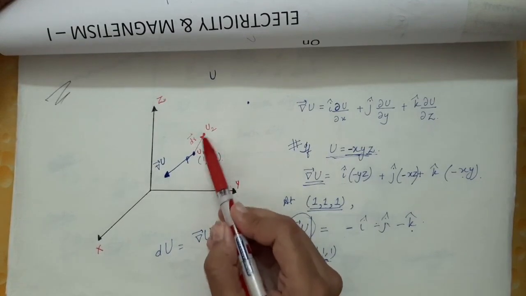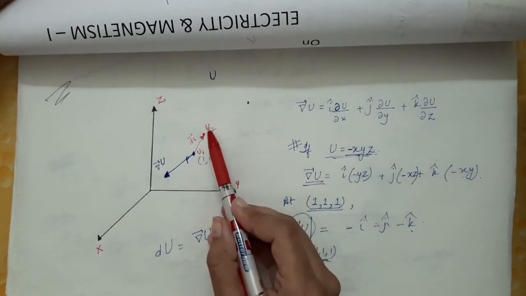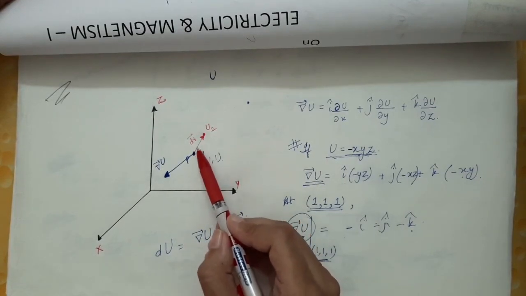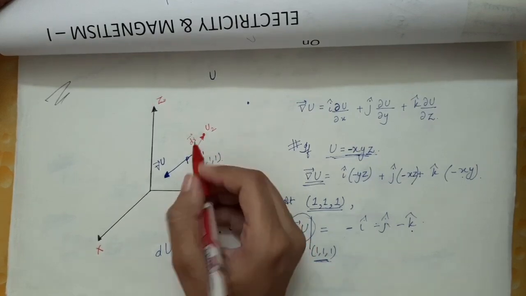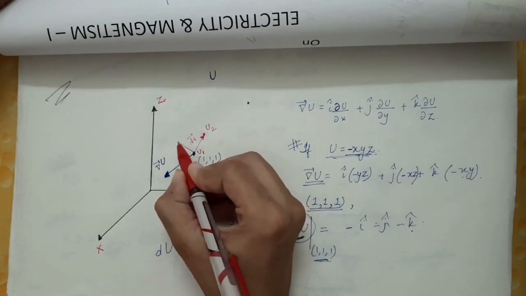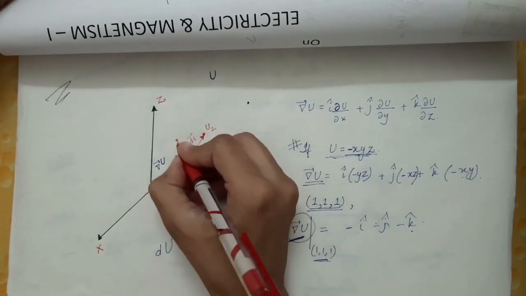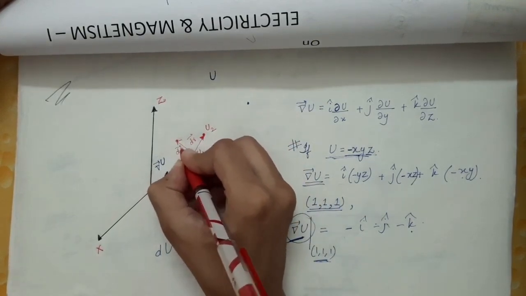So there is some change in the scalar function, equal to u2 minus u1. You can again change the direction. From this point you can also go in this direction, so dr vector will point in this direction.